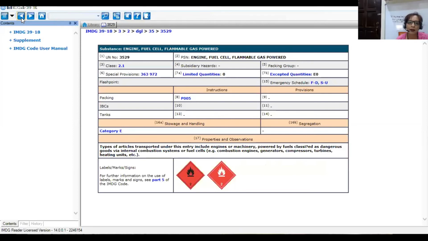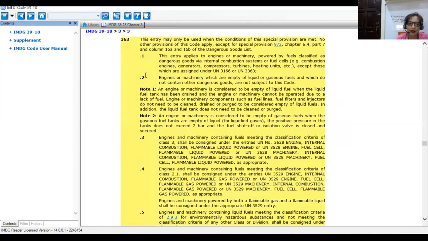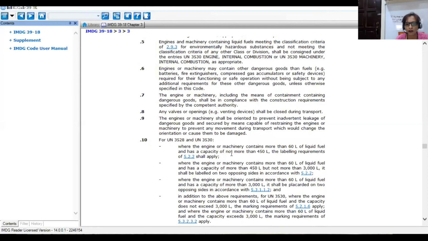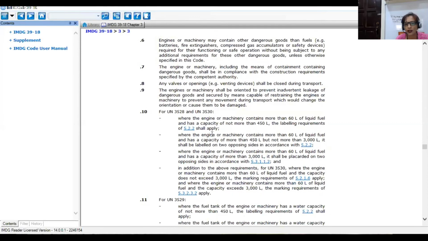But if it is unpackaged, then the net and gross weight will be exactly the same, because you will not be exercising SP 363 in the first place. What SP 363 says is that this entry may only be used if you fulfill these conditions, where they indicate how much the engine has.